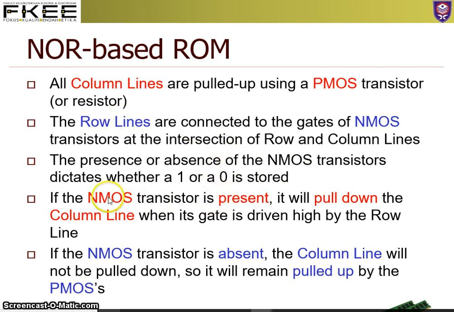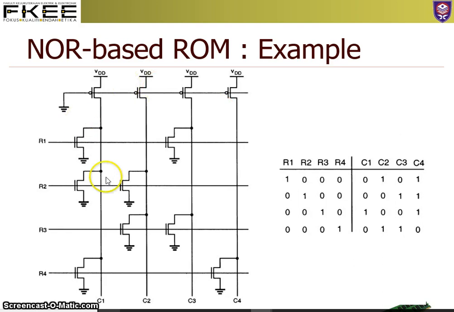If NMOS is present, it will pull down the column line to low, but if there is no NMOS, it is logic 1. So this is the example of NOR base. If you look at column C4, there is no NMOS, so it is a logic 1.